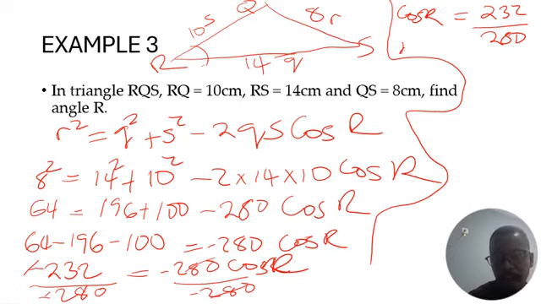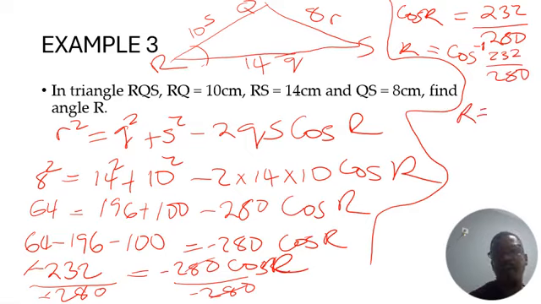So r will be equal to cos inverse of 232 over 280. That will give you the angle r. On your calculator, do 232 divided by 280.